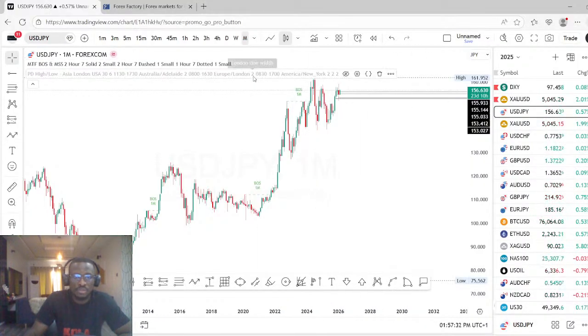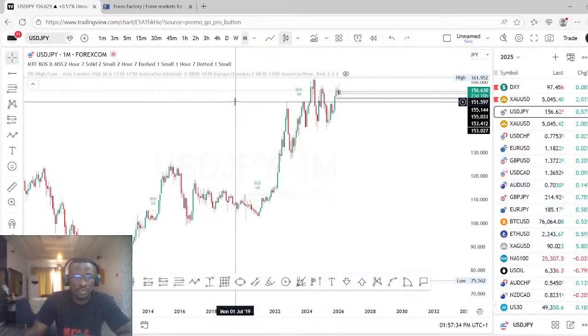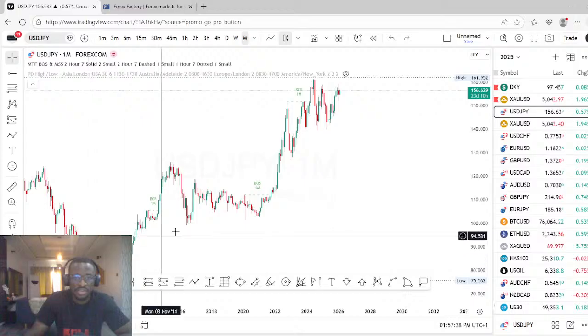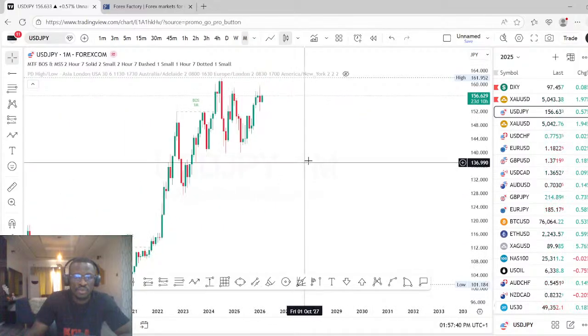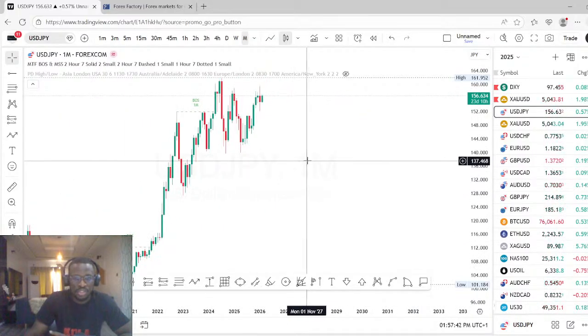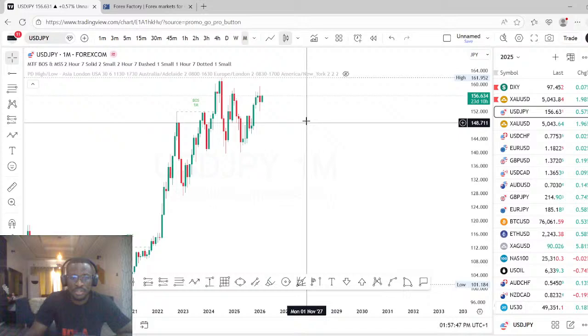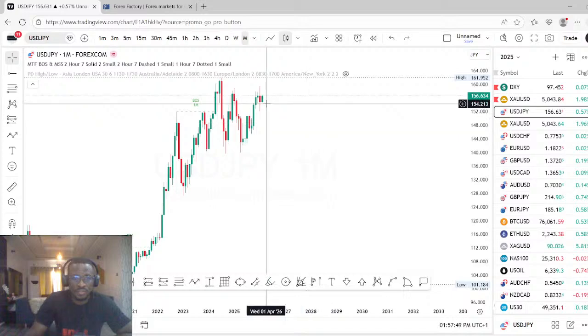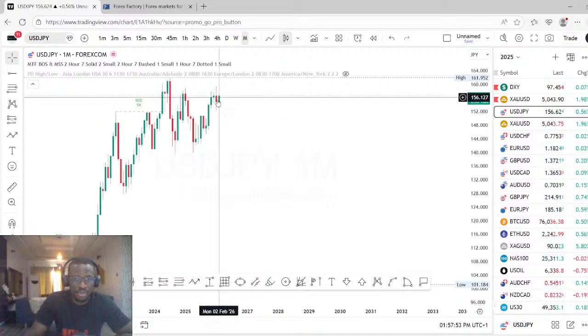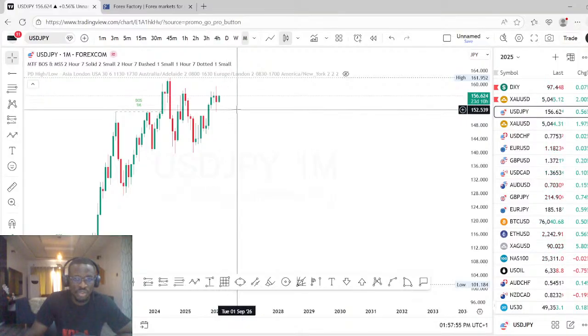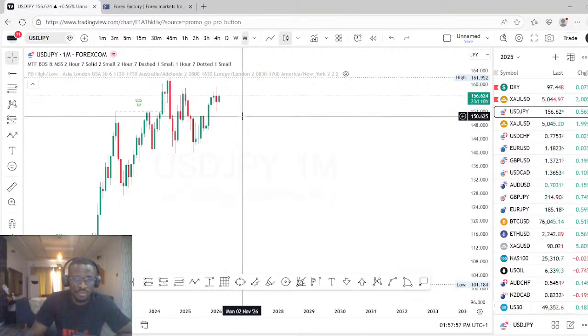So now this is the monthly time frame on USD JPY, and I'm going to have to clean up this chart. So first of all, you need to acknowledge that the USD JPY is seriously bullish, right? So the monthly candle is showing us signs of what? Bullish trend, okay?